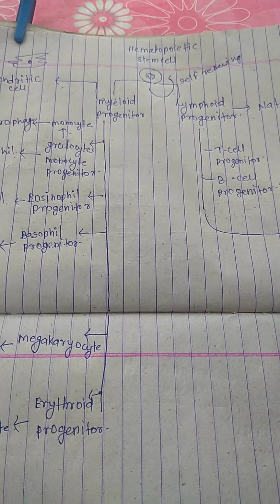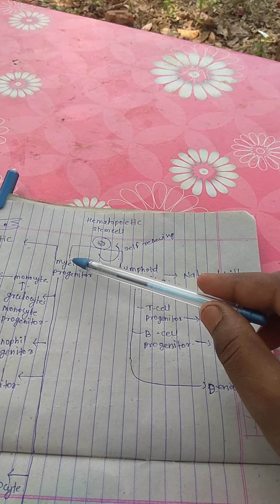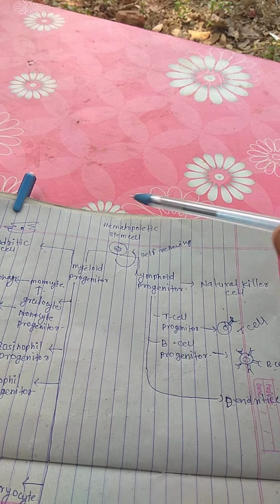These T cells have receptors for antigens. These lymphoid progenitor cells also differentiate into B cell progenitors, which develop into B cells. And lymphoid progenitors can also form dendritic cells, but in a small quantity compared to myeloid progenitor cells.